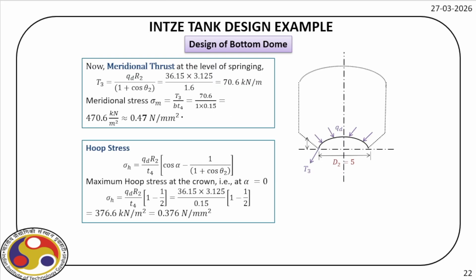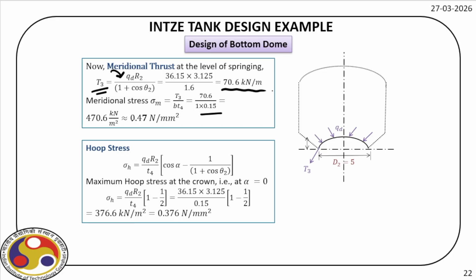Then again, for this bottom dome, we find out meridional thrust, T3. Same expression we used earlier for the top dome, and here it is 70.6 kilonewton per meter. So meridional stress sigma m is 70.6 divided by B, which is 1 meter, and then we have 150 millimeter thickness.